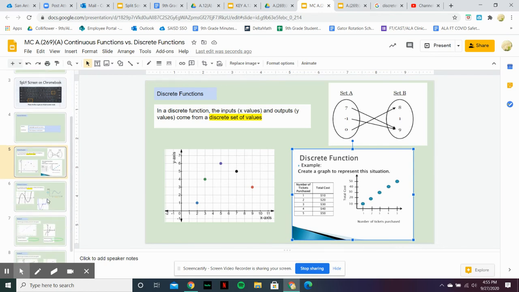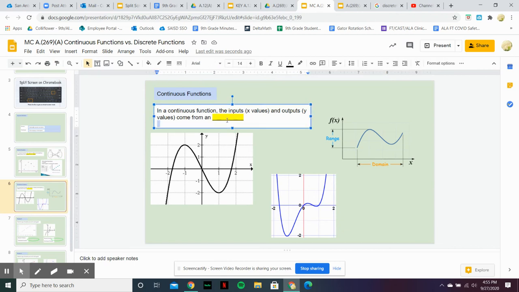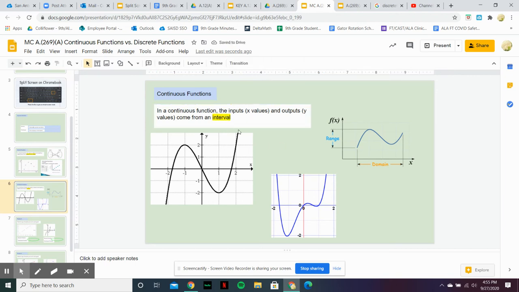Now let's talk about continuous functions. In a continuous function, the inputs, which are x values, and the outputs, which are y's, come from an interval. And an interval is basically a range of numbers, and we're going to talk about that later.